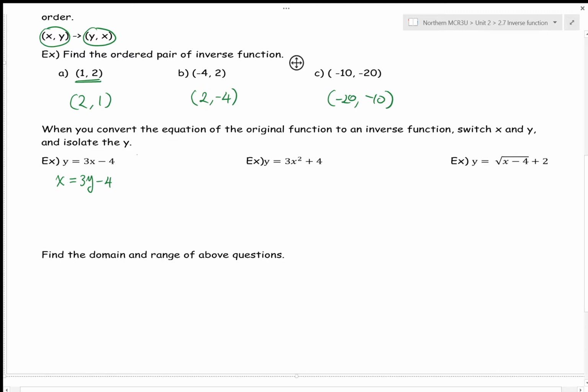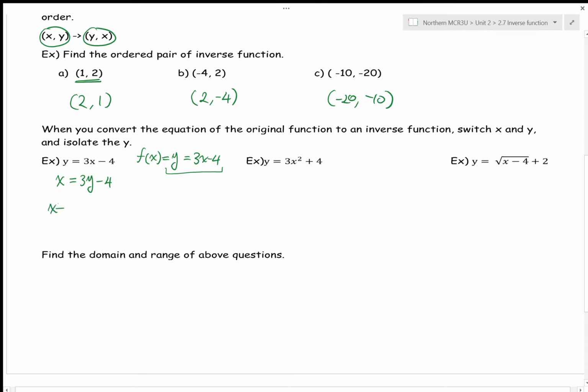I will put it this way: f of x equals y equals 3x minus 4 to begin with, and then we switch the x and y to find what f negative 1 of x, which is the inverse of f of x, is. Then x equals 3y minus 4 by switching x and y, and we solve for y.